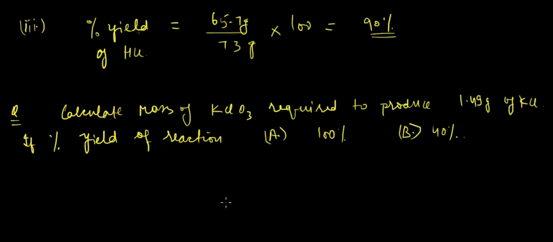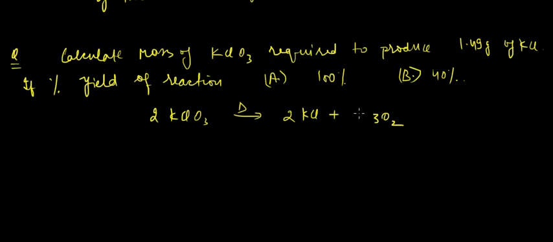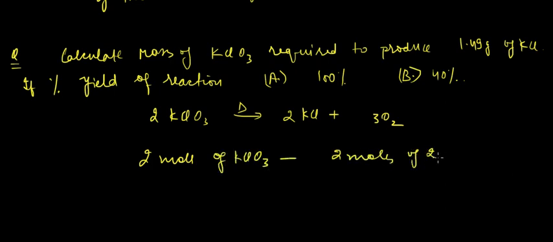Okay, so 2 moles of KClO3 when heated forms 2 moles of KCl plus 3 moles of O2. This is the reaction. Okay, so this implies that 2 moles of KClO3 decomposes to form 2 moles of KCl.